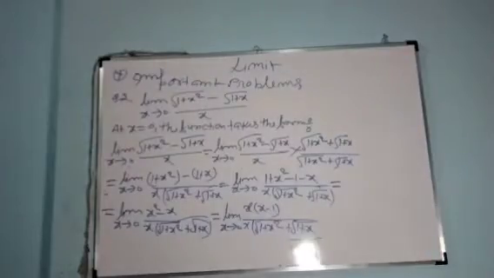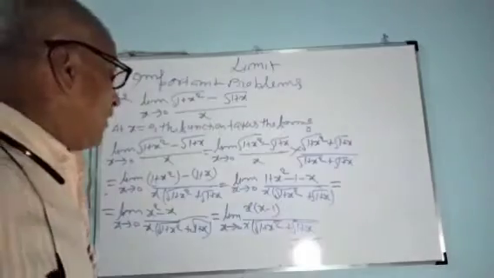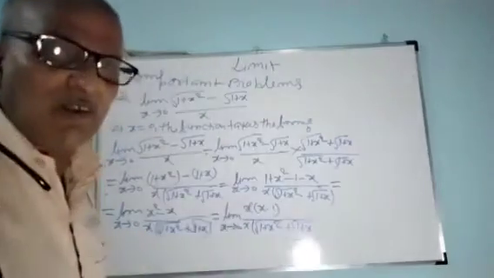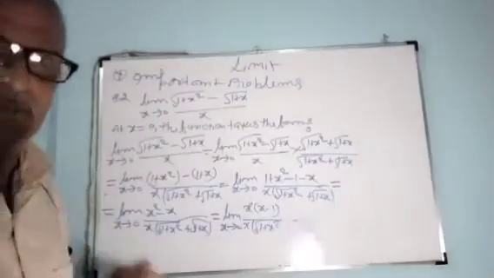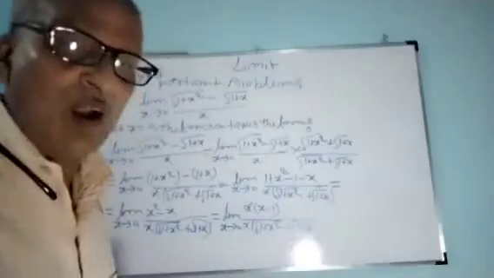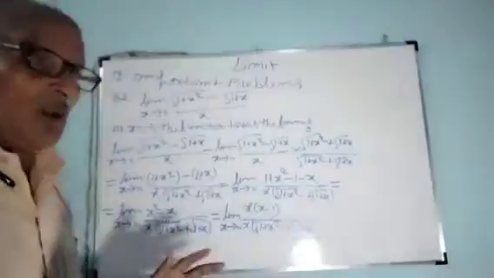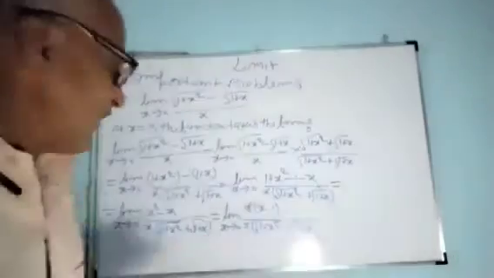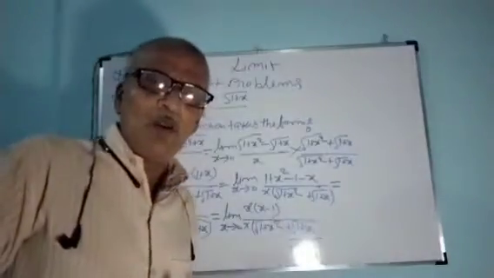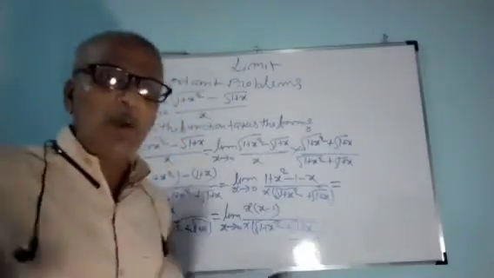Now here x is the common factor between numerator and denominator. We remove it. Then what occurs? The indeterminate form vanishes, and then putting the value of the variable, we get the limiting value of the function. Let us see.